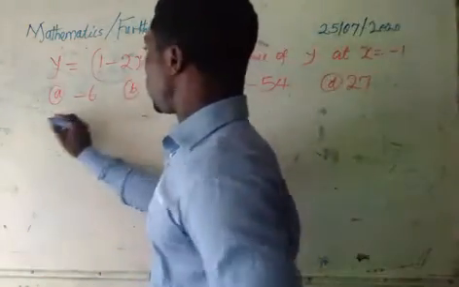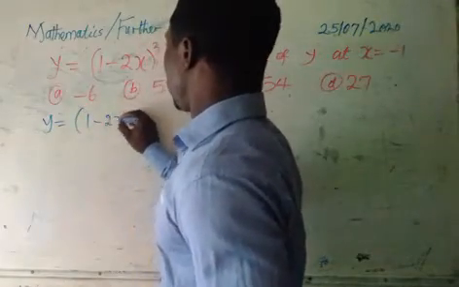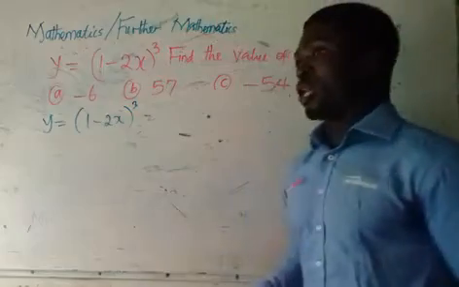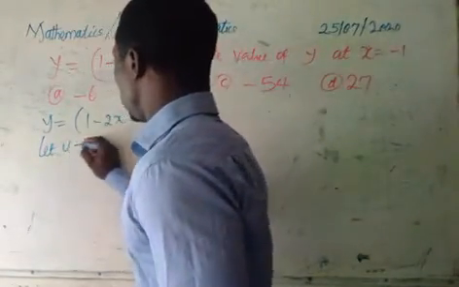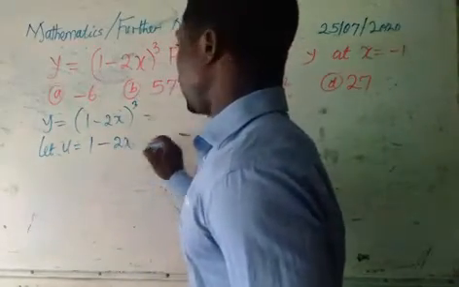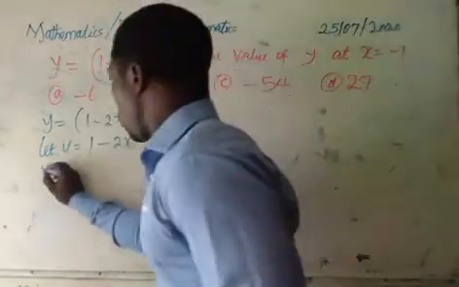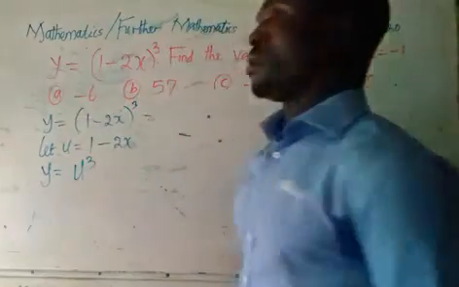We have the function y equal to (1 minus 2x) all raised to the power of 3. So simply we said, let u be equal to 1 minus 2x. If u is equal to 1 minus 2x, y will be equal to u raised to the power of 3.